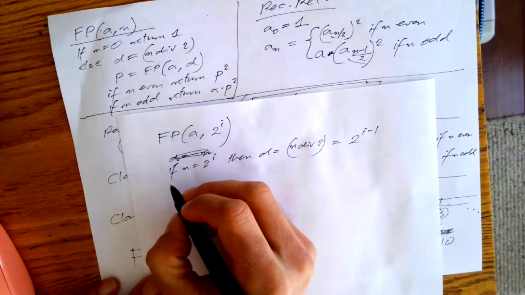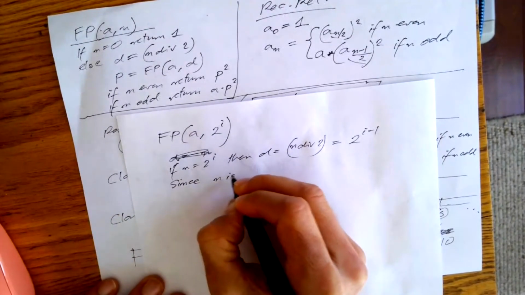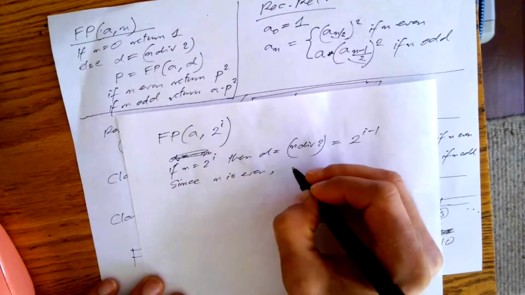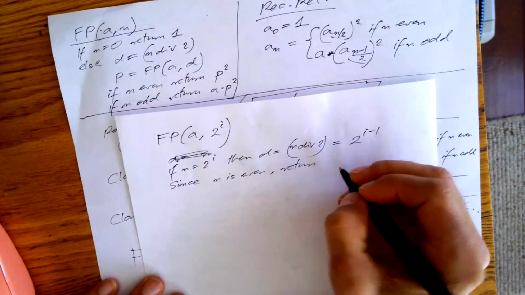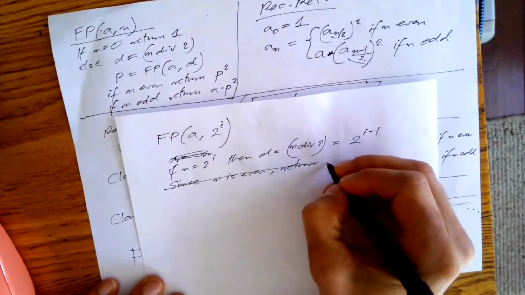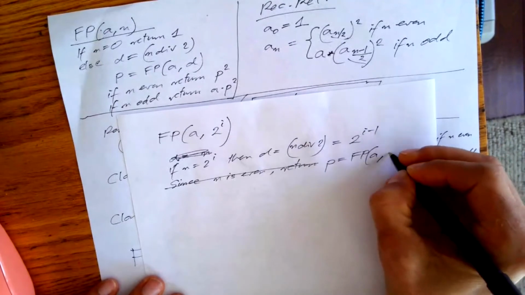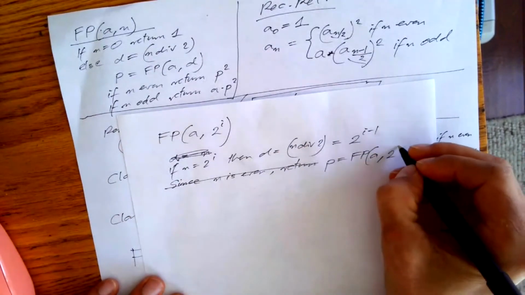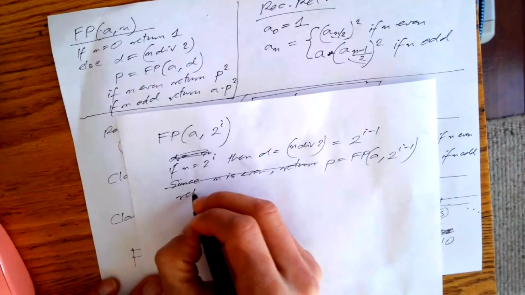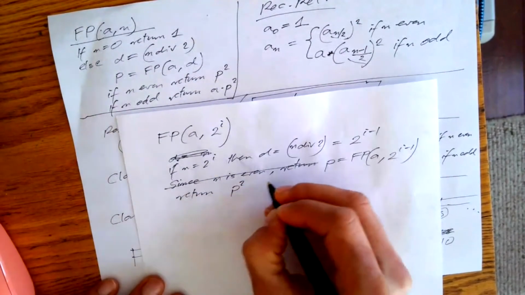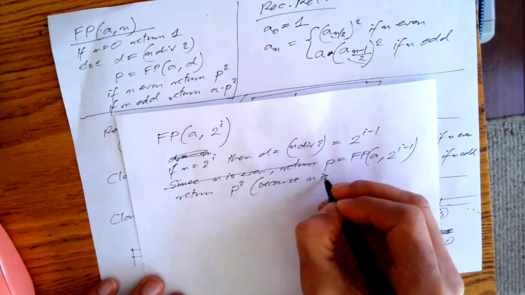And since n is even, you return, okay, now you compute p, which is fp a to this d, which is this, and you return p squared because n is even.